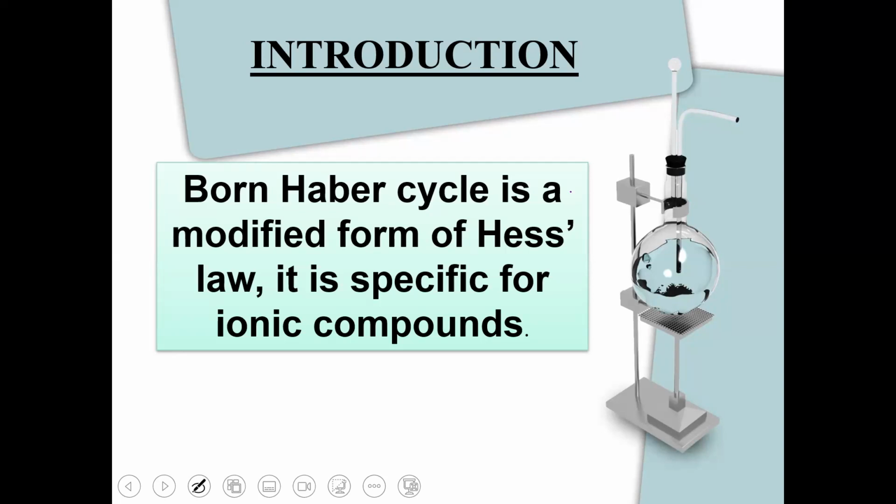This is the fundamental thing to remember. Now, there are steps of lattice formation. I am taking it from the O level and AS level, how an ionic lattice is formed.